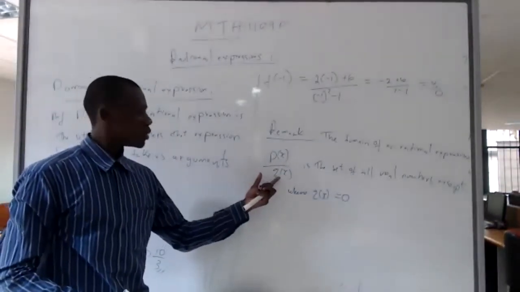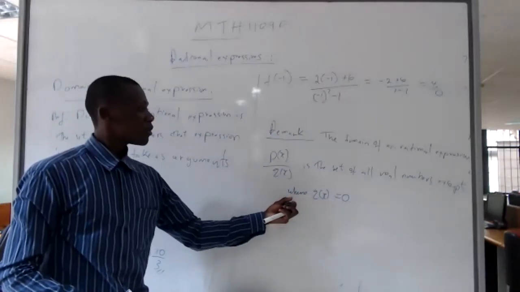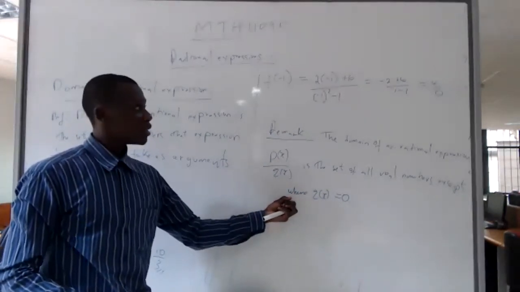So anytime the denominator is 0, that number will not be in the domain.